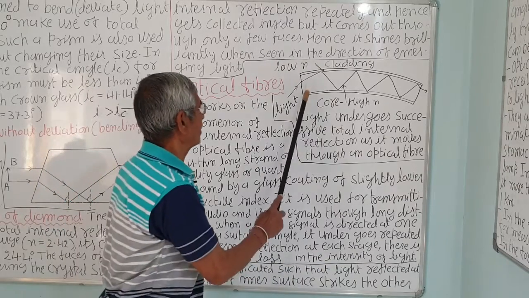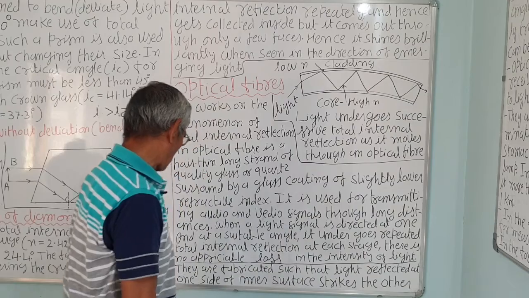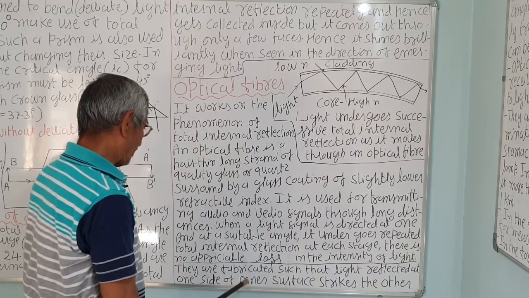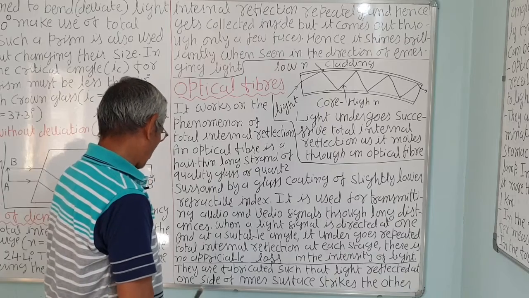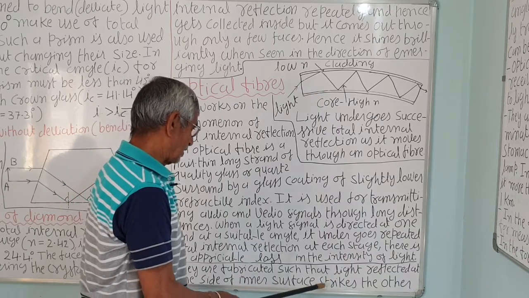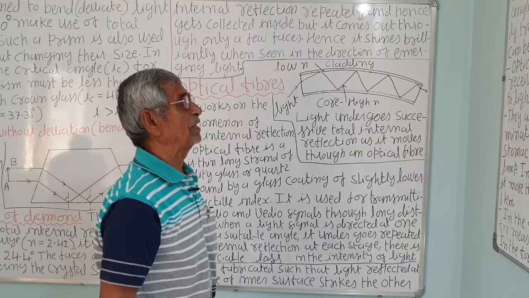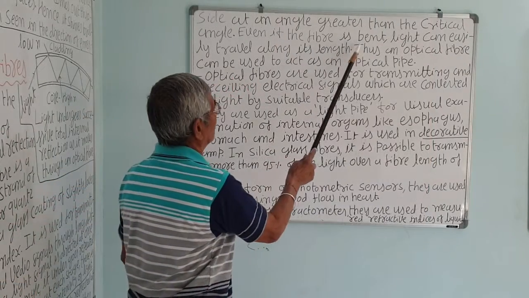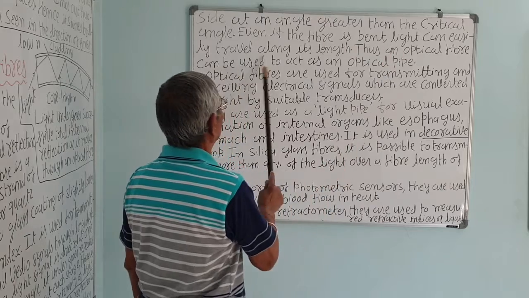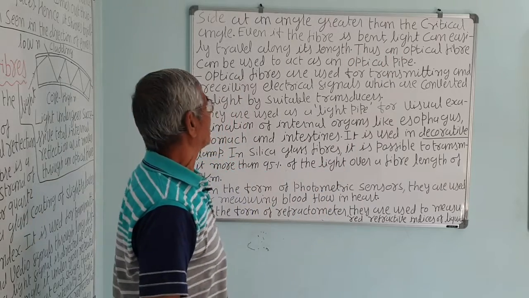About 95% intensity you will get from the other end. They are fabricated such that the light reflected at one side of the inner surface strikes the other side at an angle greater than the critical angle. Even if the fiber is bent, light can easily travel along its length, so you can bend it.